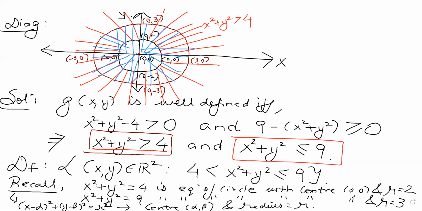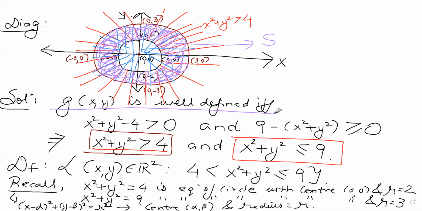Look at that portion which consists of both red color and blue color. That is given by this region. So this particular purple region, which all of you can see on the screen, consists of red color also and blue color also, which is my required set S, over which the function g of (x, y) is well defined.